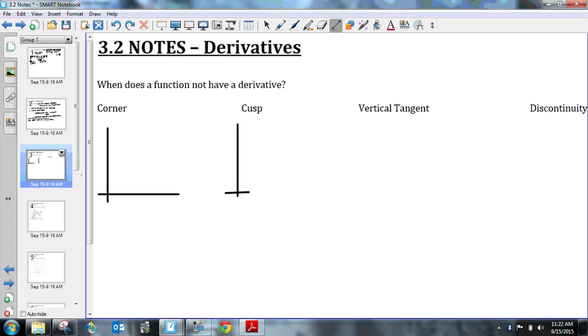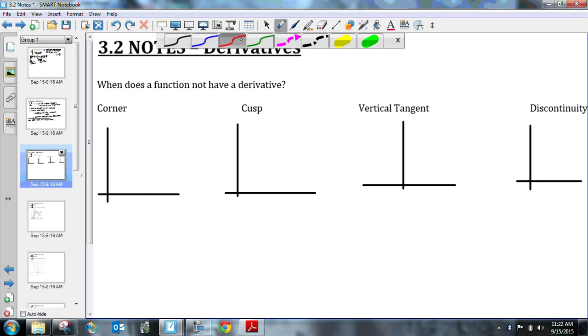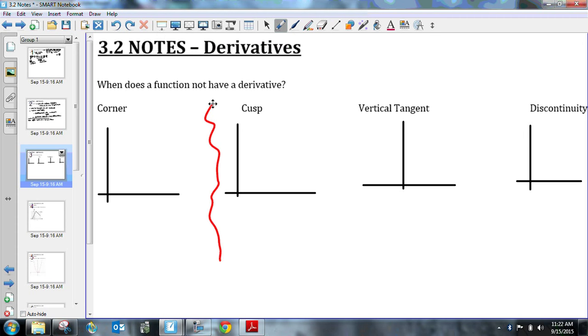These are all graphical representations. I've got these four different types of graphs that I want to talk about. I'm going to divide them all up here too.